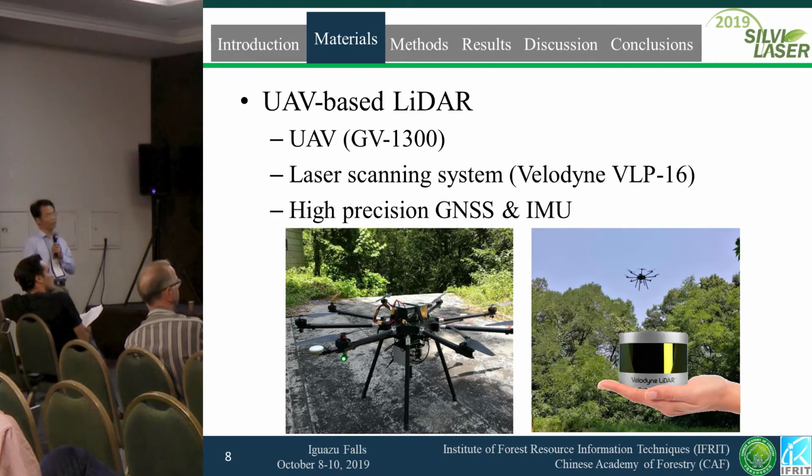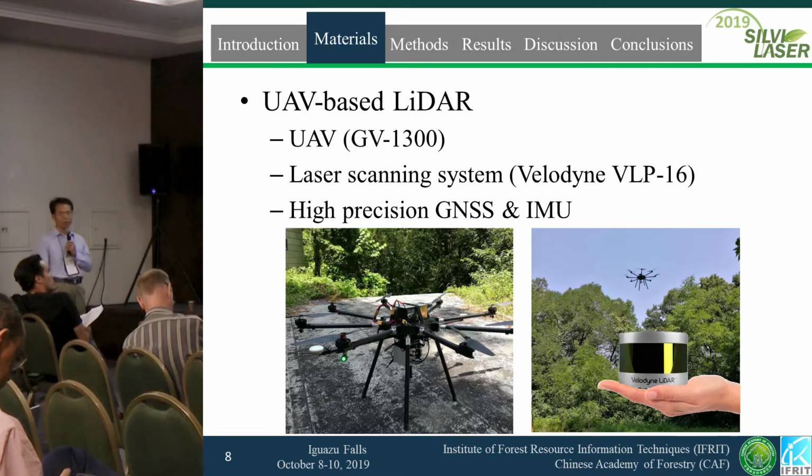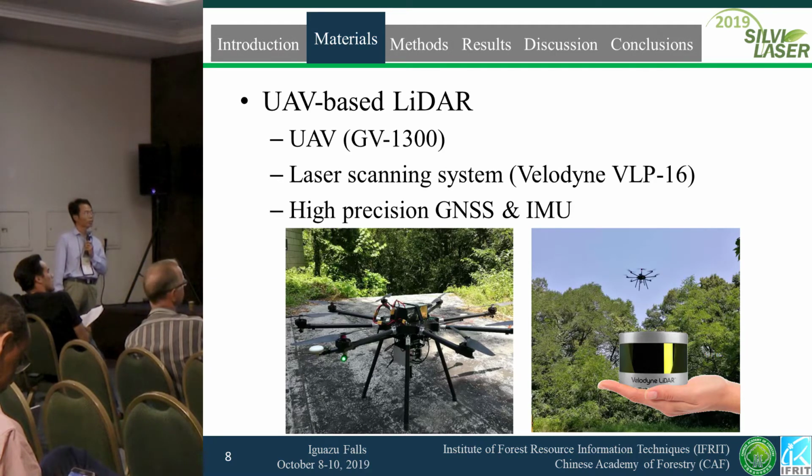The UAV LiDAR used is the LiDAR P60. It's also combined with a high precision GNSS and IMU system. The camera is mounted on another system.